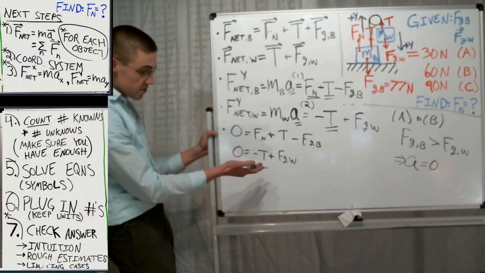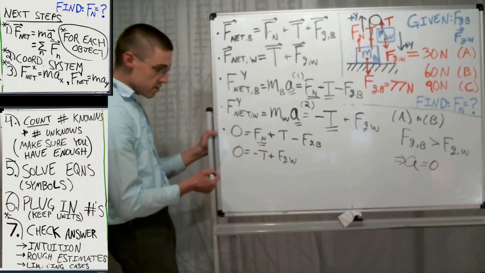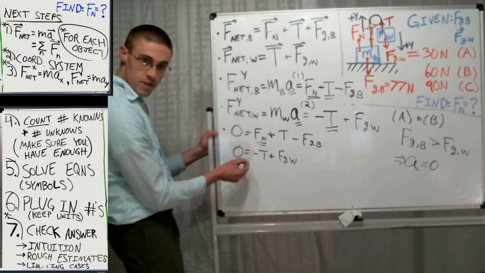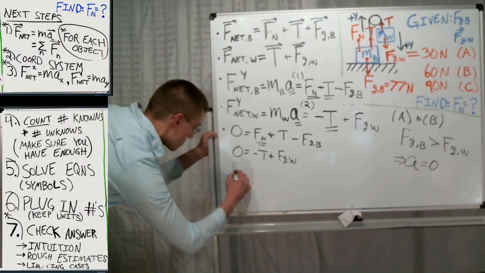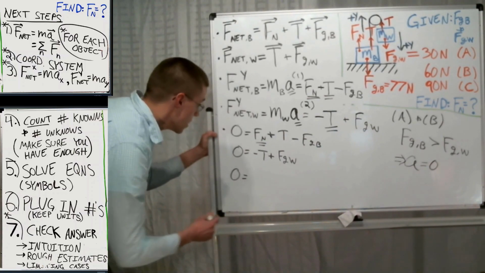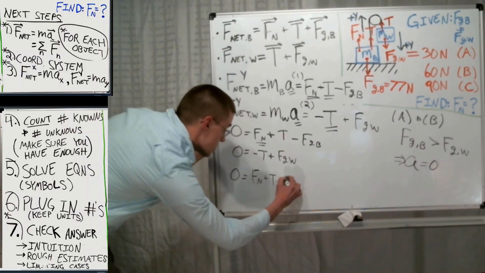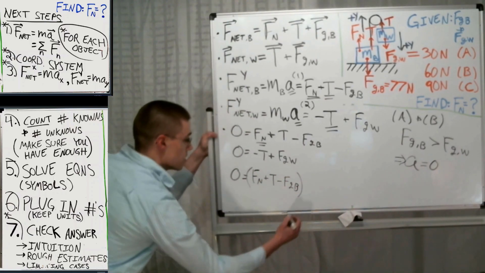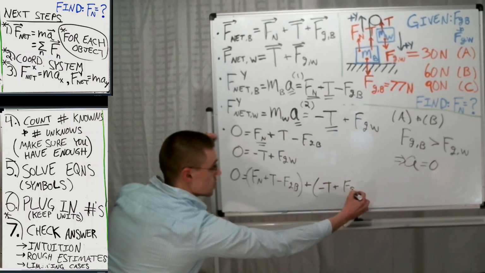I can use either method to find my answer. I'm asked to find Fn, so I'm just going to take this equation and add it to this equation. I'm going to use the addition method. So adding the left-hand sides, they're both 0, so they add together to be 0. The right-hand side, I get Fn plus T minus FGB, first equation, plus this, minus T plus FGW.